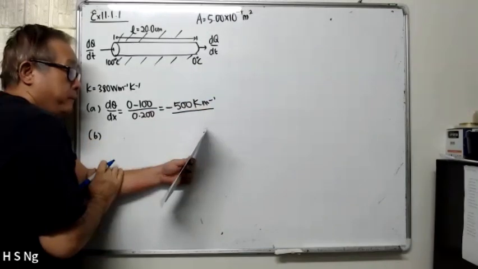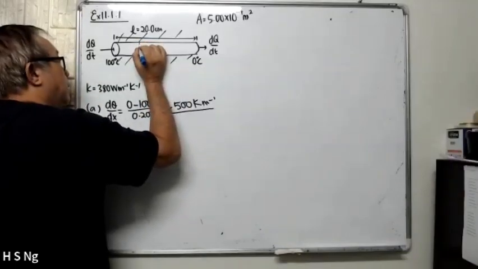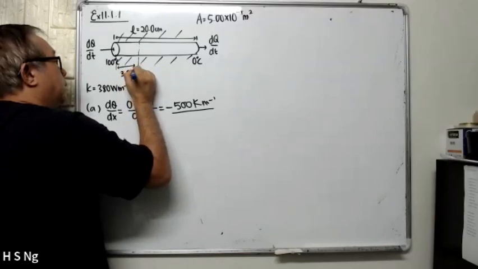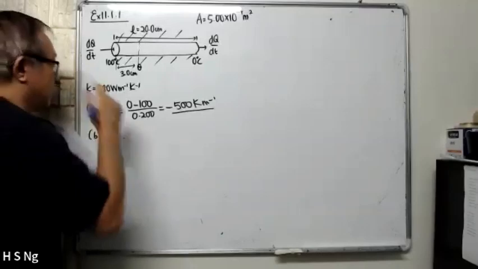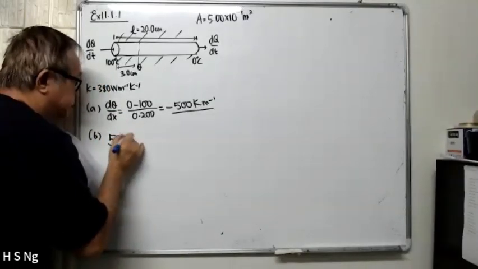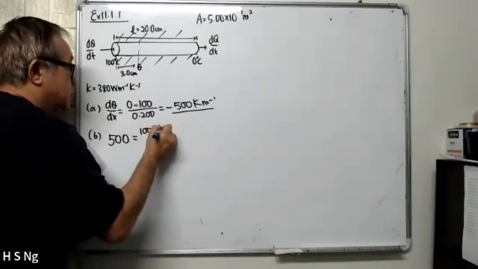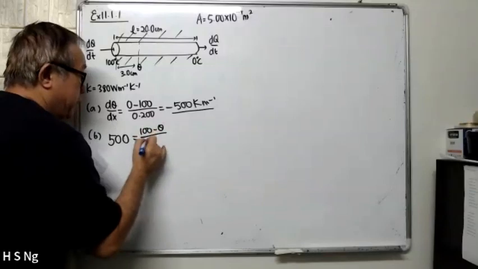Now find the temperature. This is 3 centimeters from the hot end. What is the temperature? Now you don't need to use negative, okay? Just take this one and take higher minus lower over 3 centimeters.